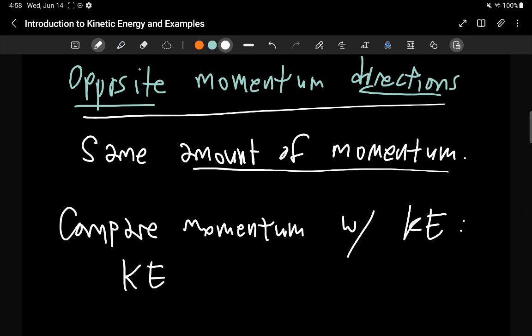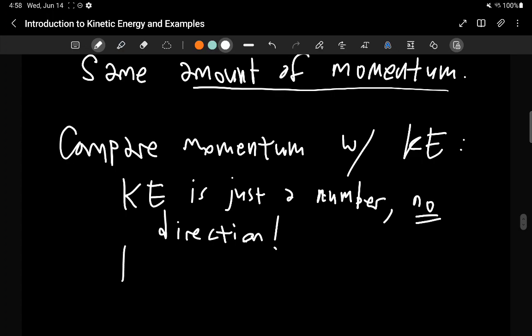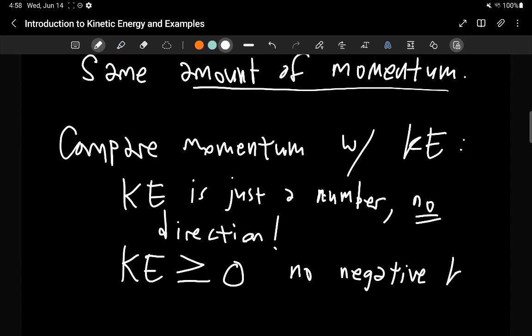Another thing is, kinetic energy is just a number. There is no direction. And what's more is kinetic energy is always bigger than or equal to 0. There is no negative kinetic energy. No such thing.